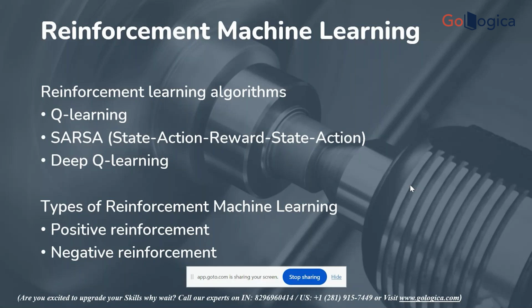SARSA is another model-free RL algorithm that learns a Q function. However, unlike Q learning, SARSA updates the Q function for the action that was actually taken rather than the optimal action. Deep Q learning. Deep Q learning is a combination of Q learning and deep learning. Deep Q learning uses a neural network to represent the Q function, which allows it to learn complex relationships between states and actions.